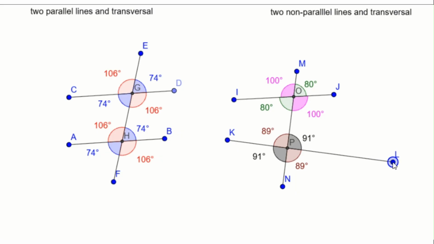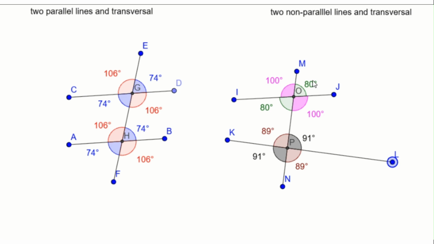See how it changes. Here is 91, here is 89. Yes, one thing stays the same, that is the linear pair and vertical opposite angle. Here is 89 and 91, both added to make 180 degrees.